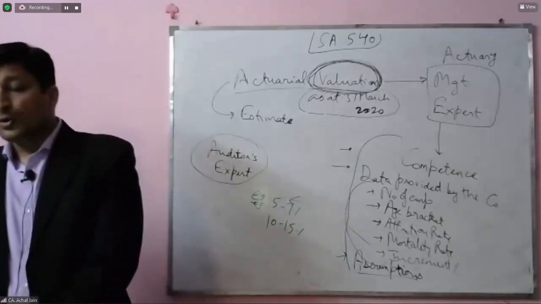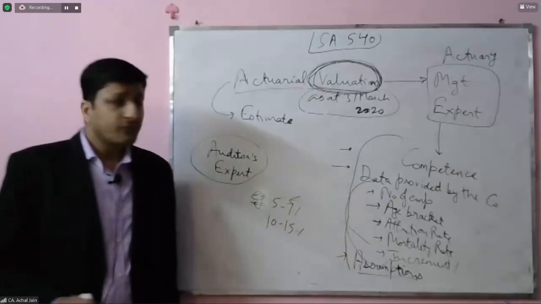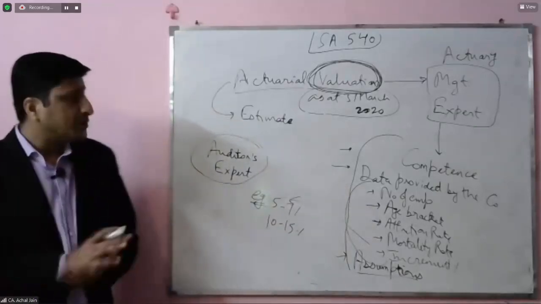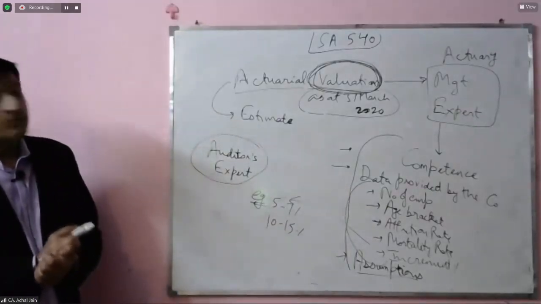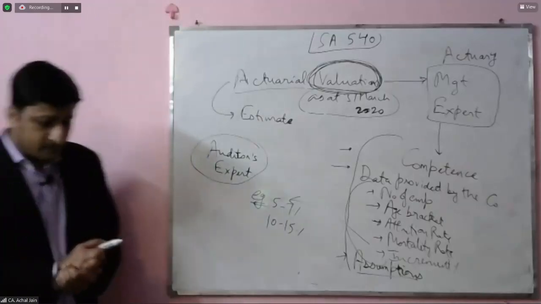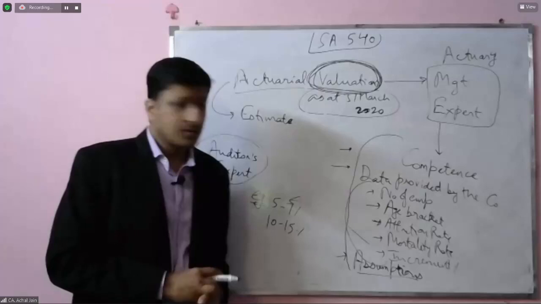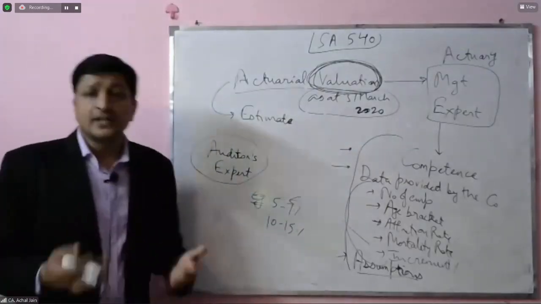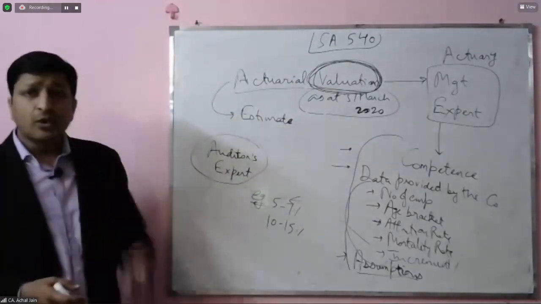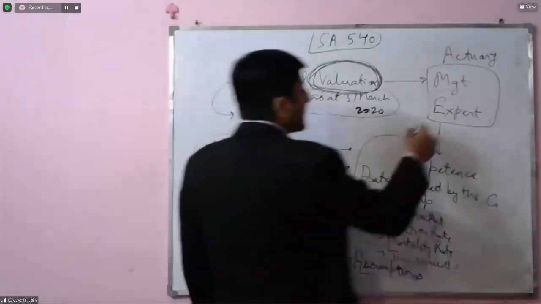Now, in relation to these areas which are in the nature of estimates, which are subject to fluctuations or which are not really understood with 100% accuracy, we understood that all of these procedures are required to be performed. Let's suppose if there are any misstatements, or any doubts or questions, then the auditor can also engage with the management expert.